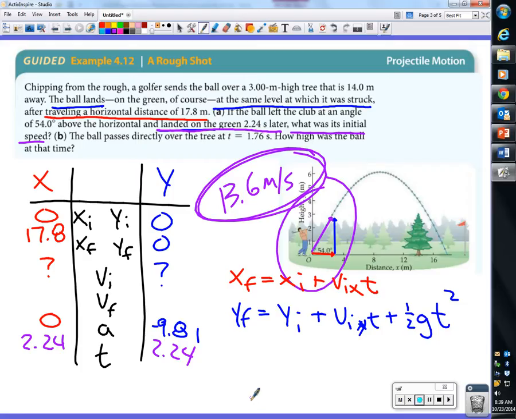Does that make sense? Going back to the first section, any vector that we have that isn't completely horizontal or completely vertical is a combination of two vectors, right? So these two that we figured out actually are the components of the initial speed. This is the initial speed itself, okay? Good there.